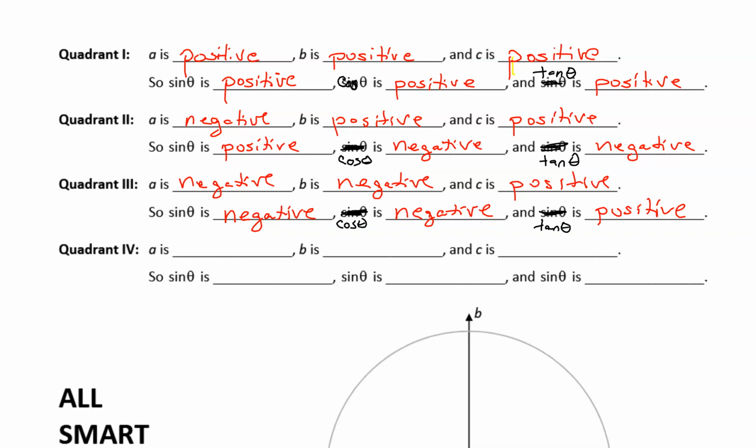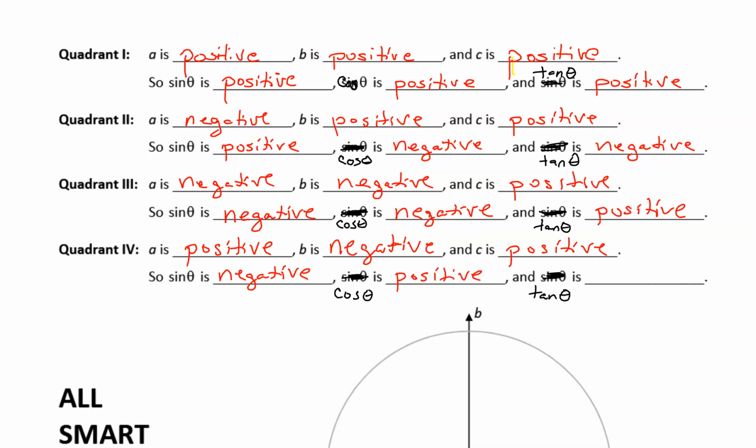In quadrant 4, a and c are positive, b is negative. Since sine of theta is b over c, its value will be negative. Cosine of theta is a over c, so its value will be positive. And tangent of theta is b over a, so its value will be negative.